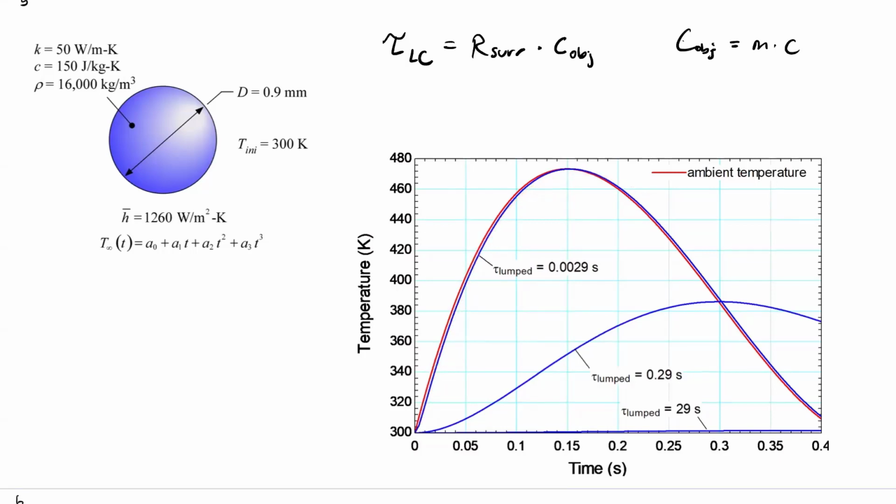So before we even get into solving the problem, we could guess, okay, tau lumped is 0.3, so I could pretty much guess what the solution is going to look like just by knowing the time constant. So again, it's like resistances. It's a tool that you have. The first thing you want to do when you're solving a problem is calculate the lumped capacitance time constant. And that'll give you a lot of information.